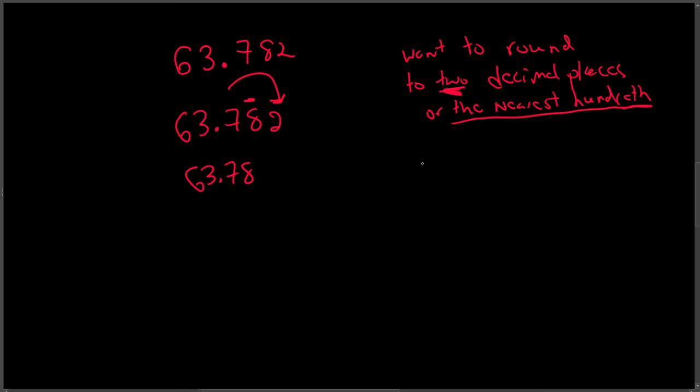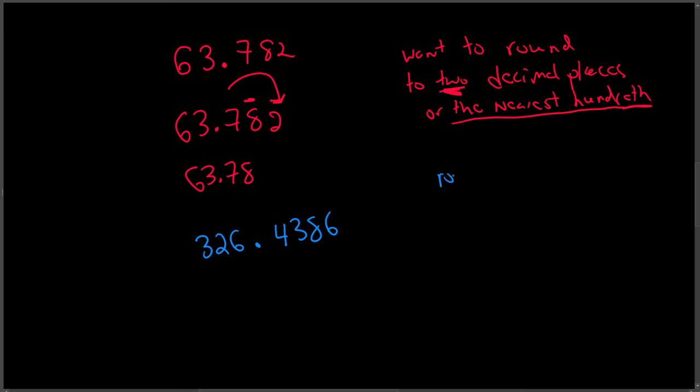So let's look at when we did a round down, let's look at rounding up. So I have 326 and 4,386 ten-thousandths. And I want to round this to the nearest hundredth.